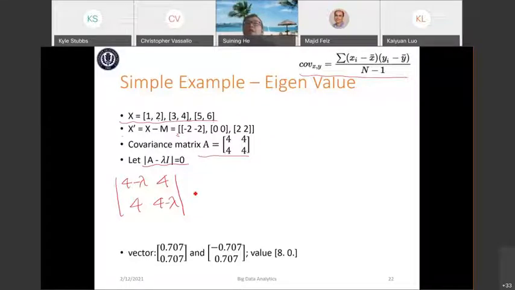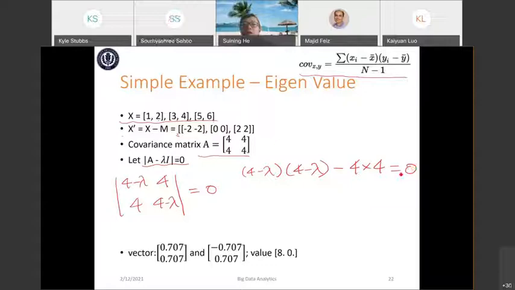We set the determinant to 0. And therefore we can calculate that it is 4 minus lambda times 4 minus lambda, minus 4 times 4, and we set the entire determinant to 0.